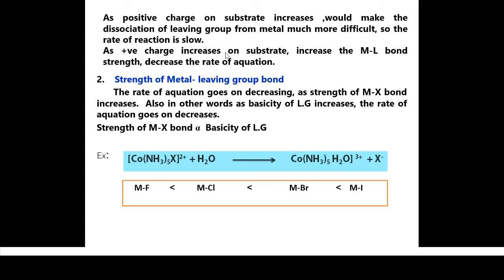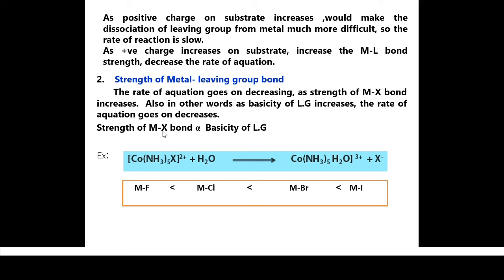See, these are the leaving groups: iodine, bromine, chlorine and fluorine. I have shown that in the case of M-I, when your leaving group is iodine, the rate of aquation is higher than M-F, that is when your leaving group is fluorine. Then see what happens here.